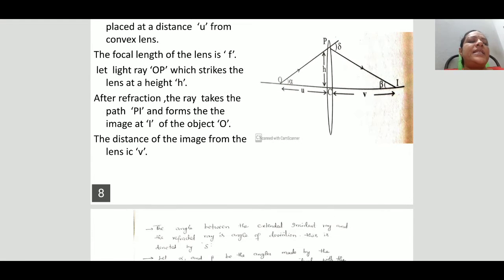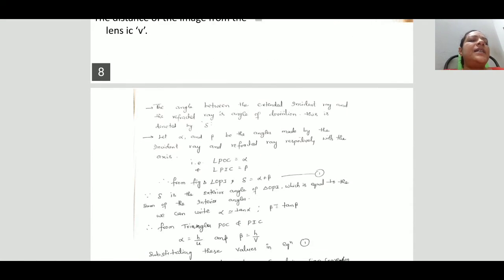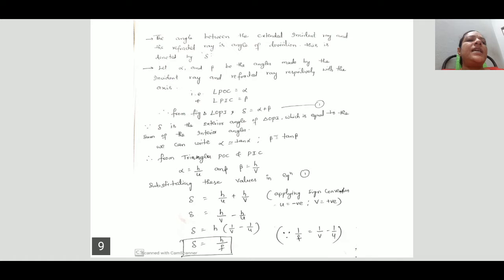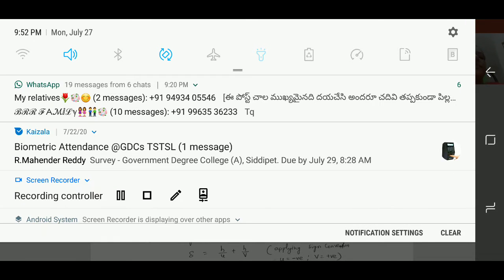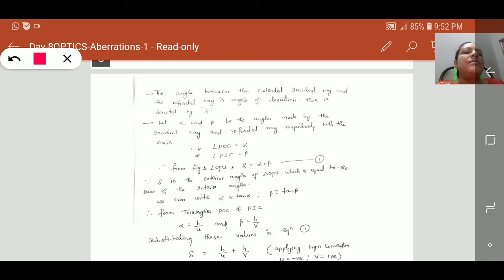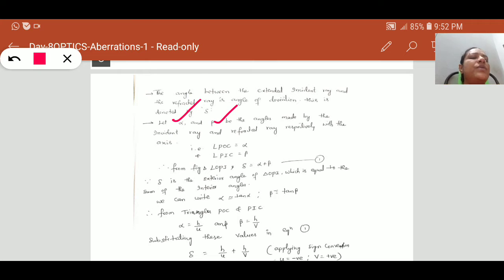To calculate this deviation, consider the angle between the extended incident ray and the refracted ray, with alpha and beta. In the above figure, angle POC is nothing but alpha.